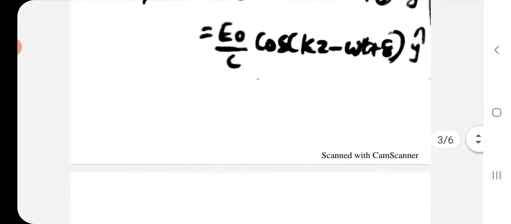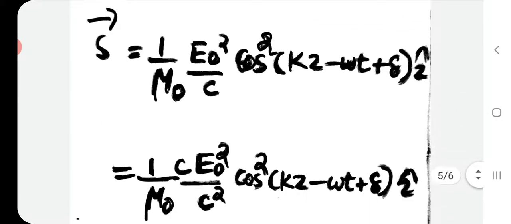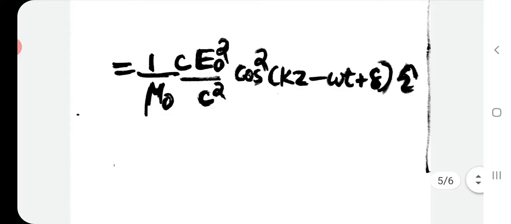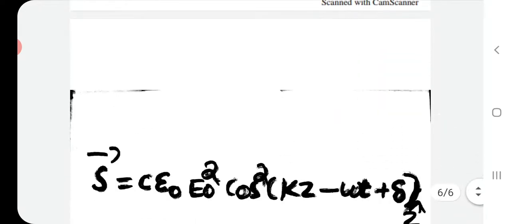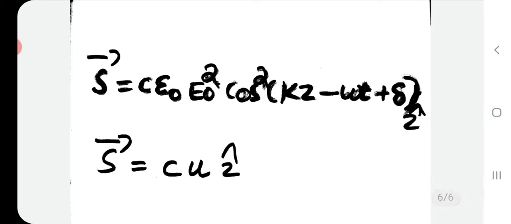For c square I can have c square equal to 1 over mu 0 epsilon 0. So as we substitute, we will get S equal to c epsilon 0 E0 square cos square(kz minus omega t plus delta) unit vector z.